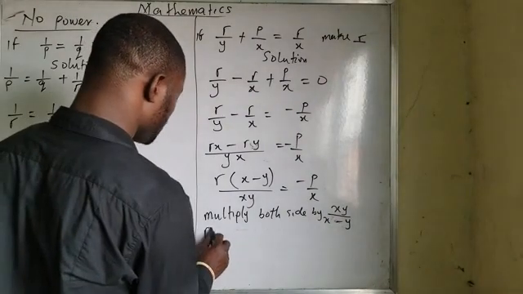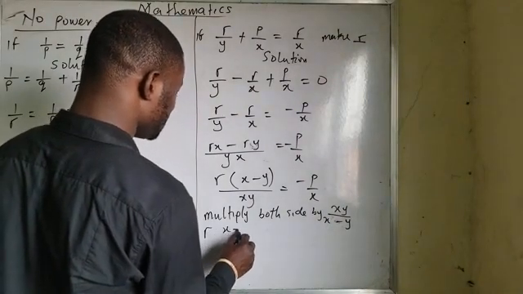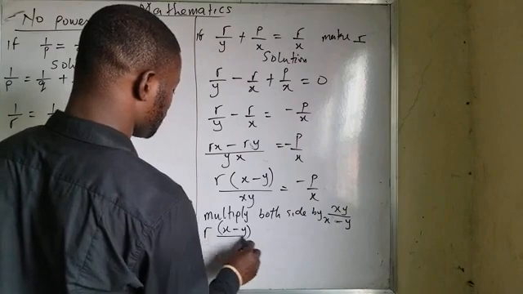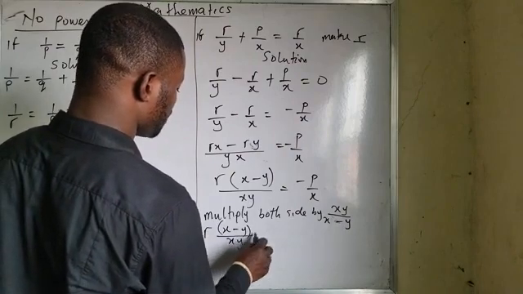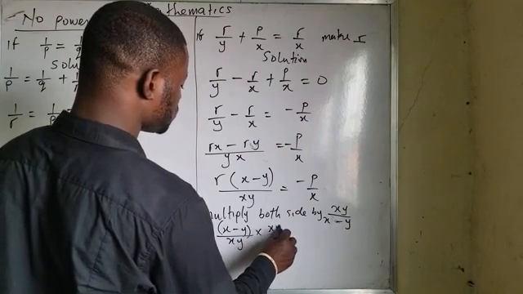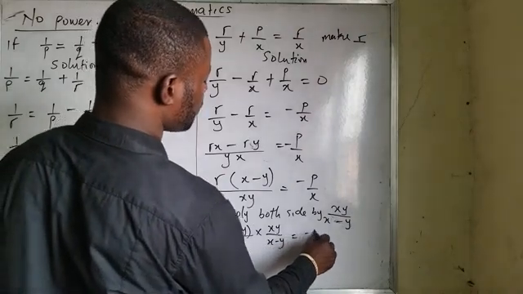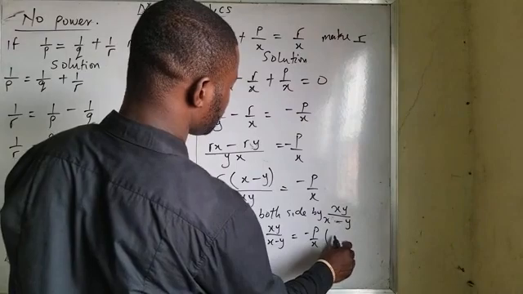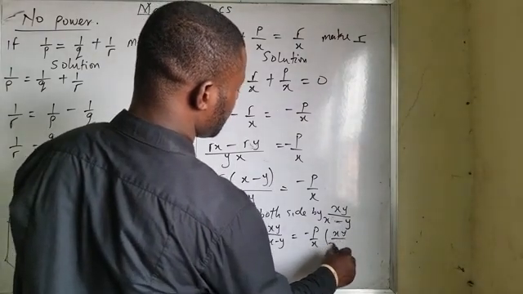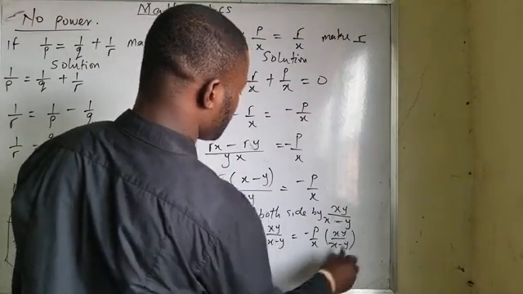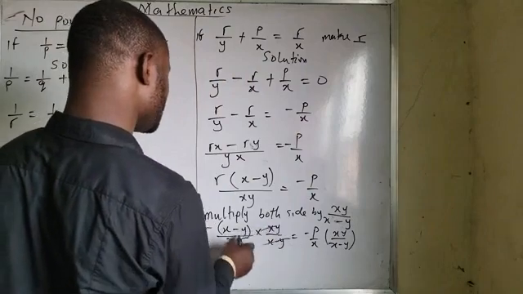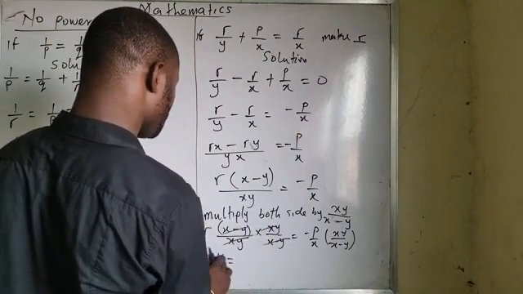So R multiplied by XY all over X minus Y equals minus P all over X bracket of XY all over X minus Y. Can you see that this will cancel this? This will cancel this.